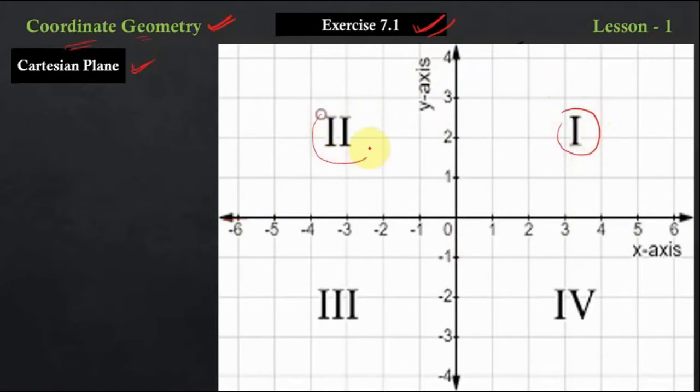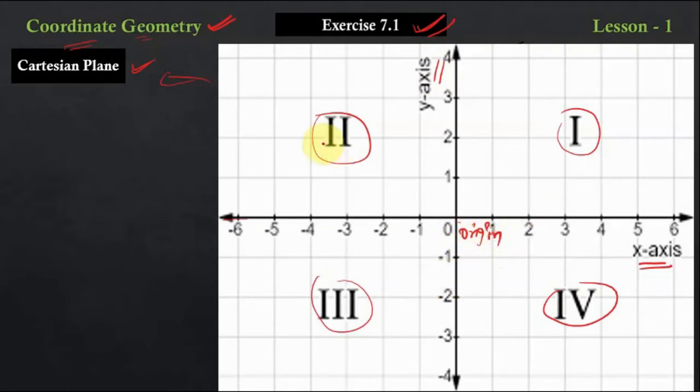What do we call this as quadrants? Such an image is called as Cartesian plane. Okay. Right? So if you observe, this horizontal line is called x-axis and the vertical line is called y-axis, and the point of intersection of these two lines is called as origin.